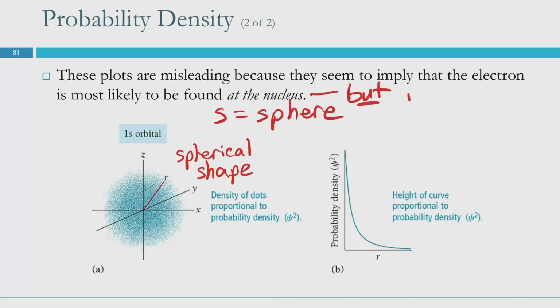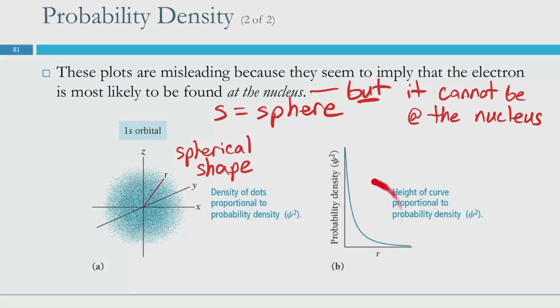But it cannot be at the nucleus because the nucleus is there. The electrons do not fall into the center, into the nucleus. So this is a little bit misleading if we look simply at probability density.